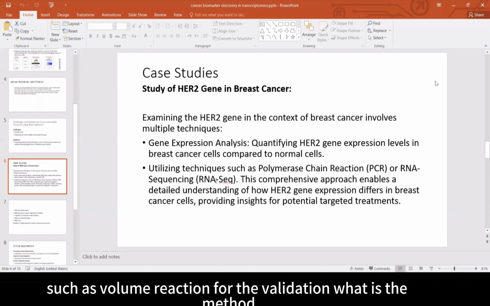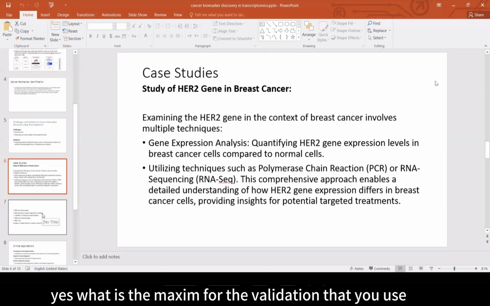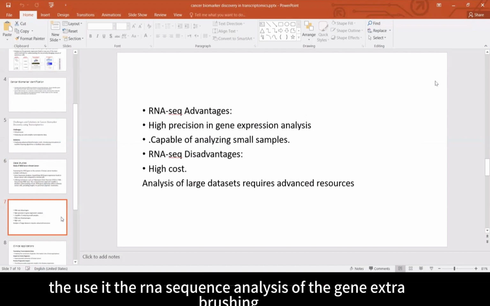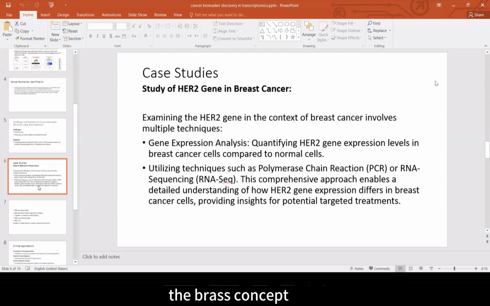For the validation, what is the method you use? Doctor, what is the method for the validation? Advantage and disadvantage of using RNA sequence analysis of gene expression in breast cancer.